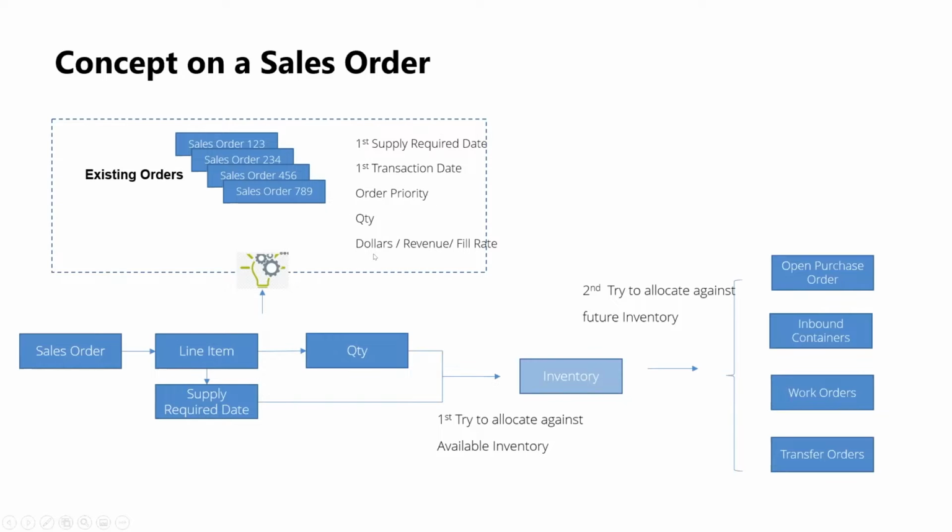Who's got the highest dollar value? Or who's going to generate the most gross profit? Or how can I fulfill the most orders at the same time? Now, if it doesn't find inventory, one of the options is to open it up to open transactions, right? Could be a ship on the water, could be an open PO, could be a production order, could be a transfer order. So think of all of this happening in milliseconds.